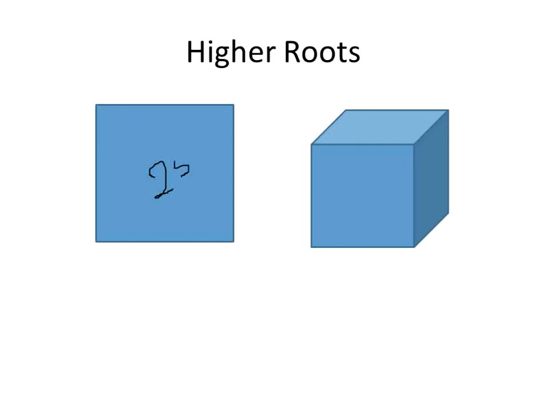So I'm going to do a quick review talking about this. Let's say this is 25 as an area. It's a square. So we know this is 5 times 5. So if I say the square root of 25, I know that means it's 5, right? Because I ask myself what number times itself makes 25. What if I've got a cube?